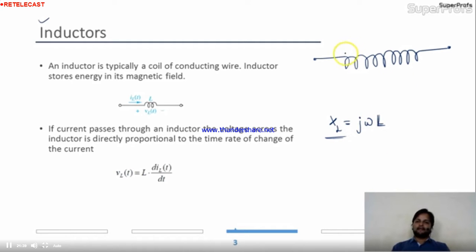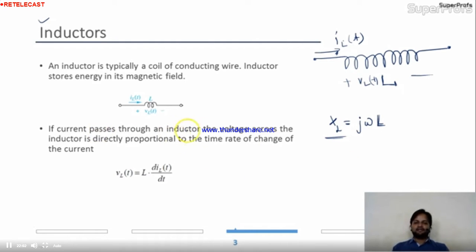So here the current will flow. I am taking iL(t), a time dependent quantity. This is L, the inductance of the inductor, and across this we have vL(t). Now again we will see the relation between these.